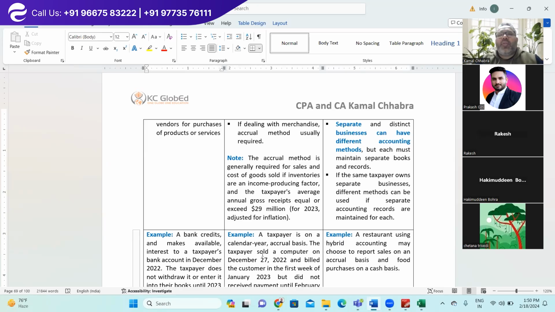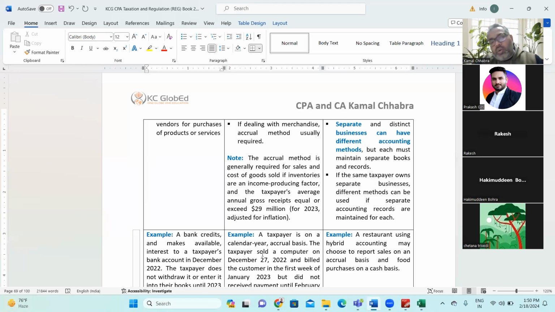For example, you are an individual who works in real estate, where you follow the cash method of accounting, and you also have some small trading business where you follow the accrual method, and you also earn certain income from car rental. For that you follow the cash method of accounting.